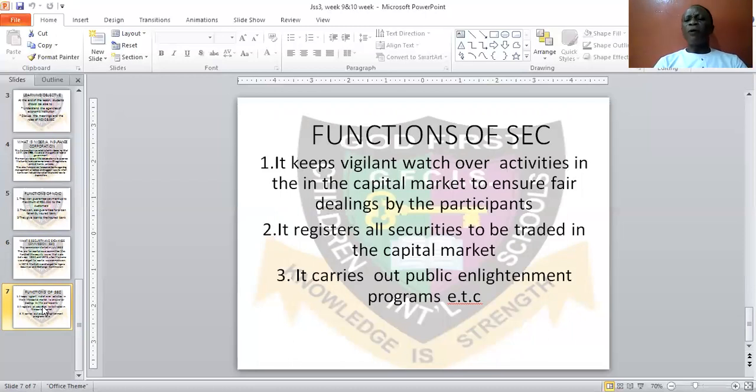As you go further, you will know that SEC is very important. Like I said, it is one of the apex regulatory institutions of the Nigerian capital markets.